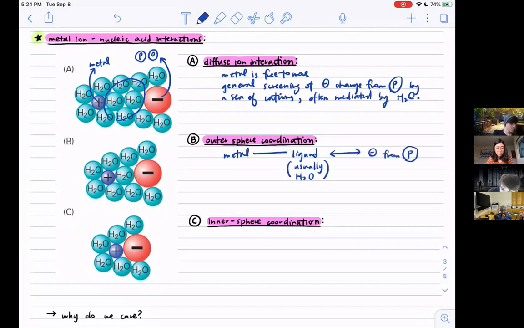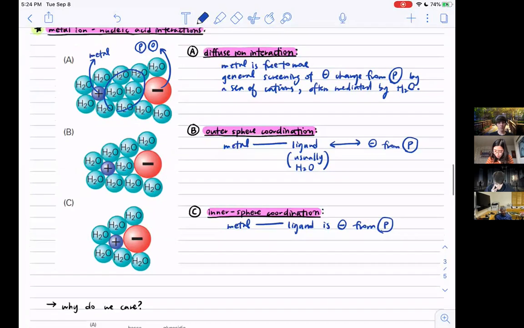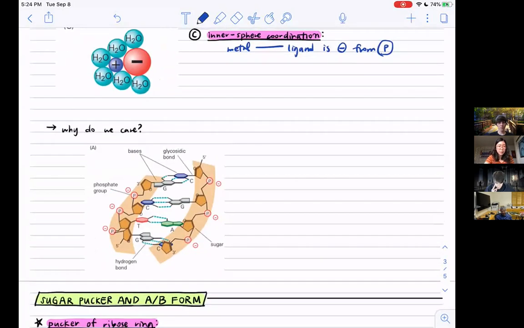And then finally, you have inner sphere coordination, where the metal directly ligands the negative charge from the phosphate. So why do we care about these metal ion nucleic acid interactions? It's because this is important in thinking about the nucleic acid backbone, and other things.